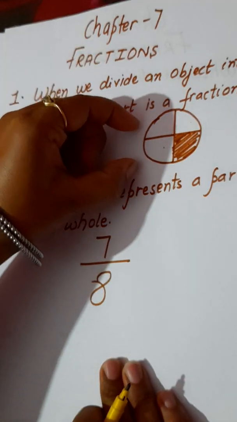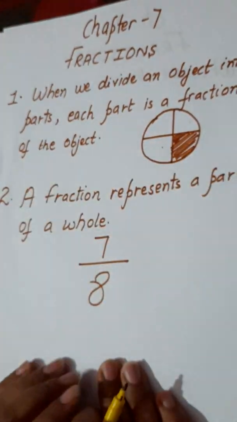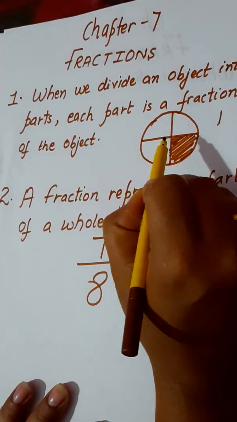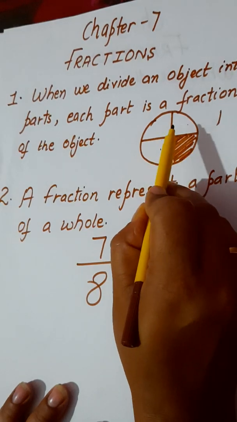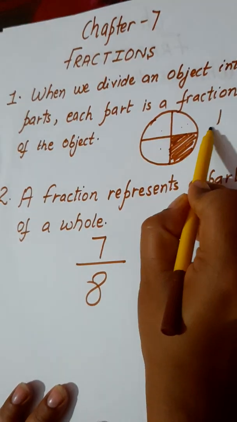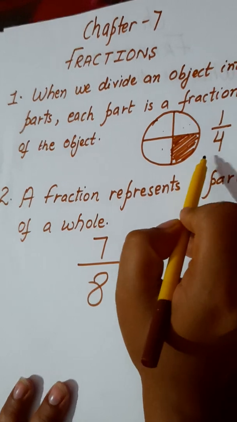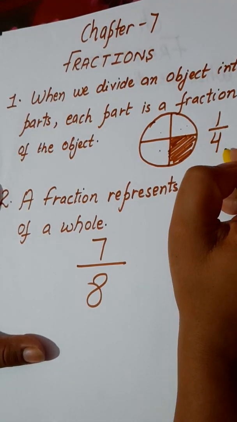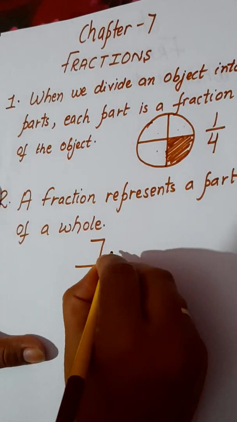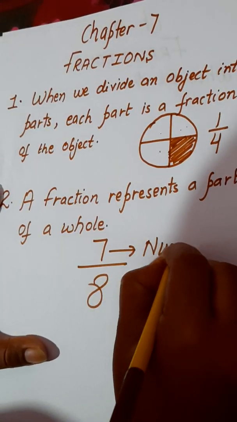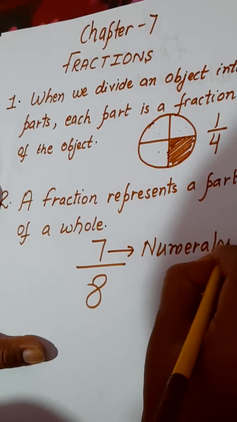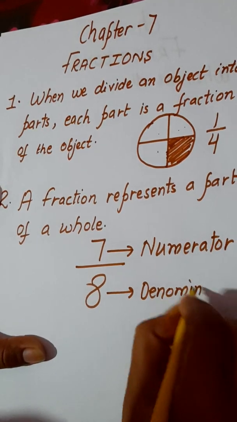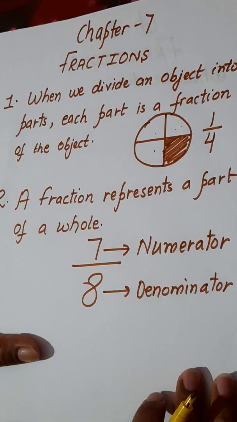If I want to represent this shaded portion in a fraction, then in this we have one shaded portion, so I will write 1, and here we have a total of 4 parts, 1 2 3 4. So this 1 upon 4 represents a fraction where 1 is the numerator and 4 is the denominator. Similarly, 7 is representing the numerator and this 8 is representing the denominator. So this is a fraction.